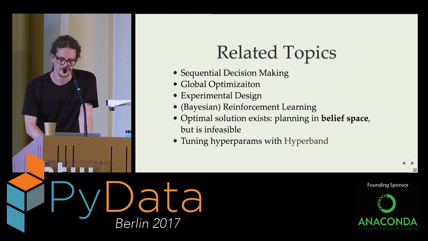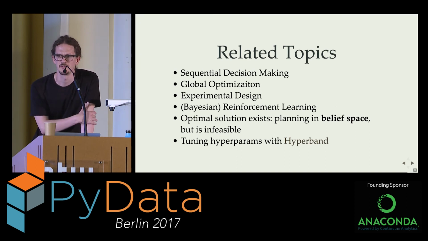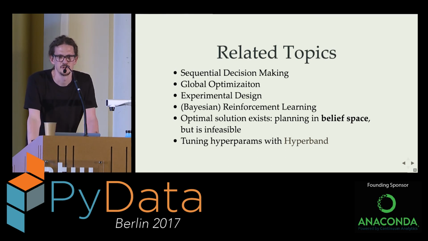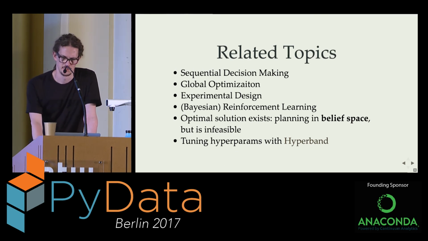And oh yeah, the last point, there is something called Hyperband. It's relatively new. It's a bandit algorithm used for hyperparameter optimization of your machine learning algorithm. And it looks like it's much better than the usual Bayesian optimization or grid search or whatever you use there. So maybe check it out.